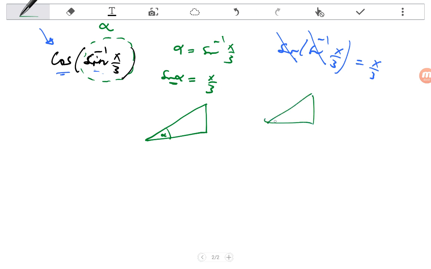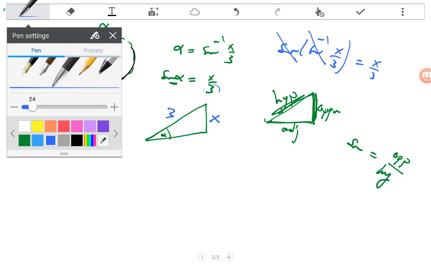This is the adjacent, this is the opposite, and this is the hypotenuse. So we put x here as the opposite and 3 as the hypotenuse. Now we complete the triangle.